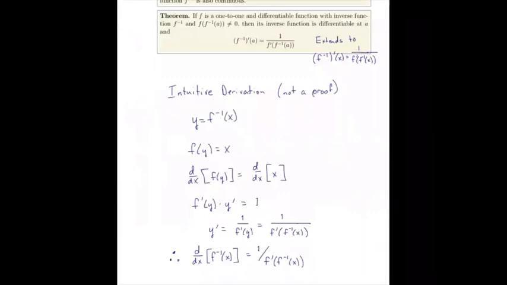In other words, I apply f to both sides of this equation, and by the cancellation law f cancels with f inverse on the right, and then on the left-hand side, I'm just left with f of y. So that's how we have f of y is equal to x.